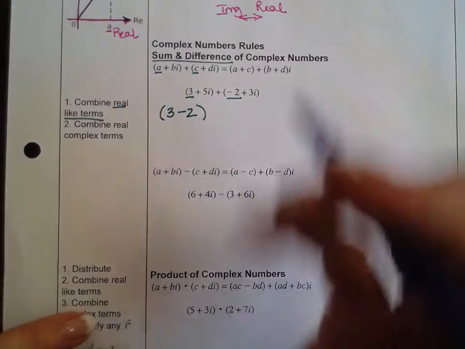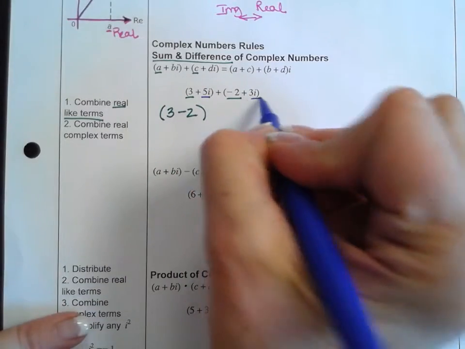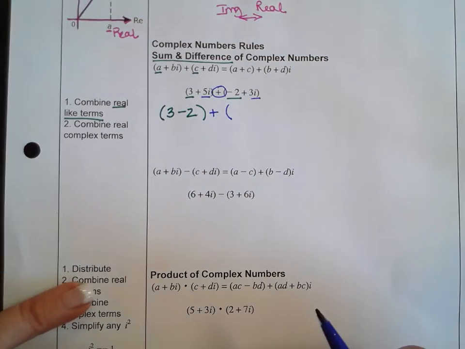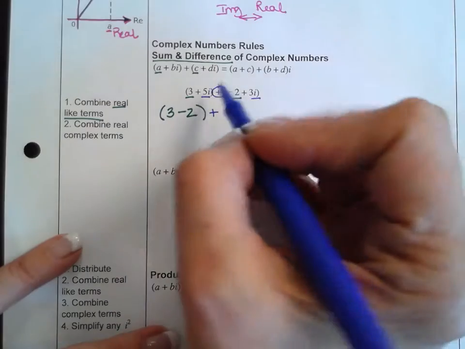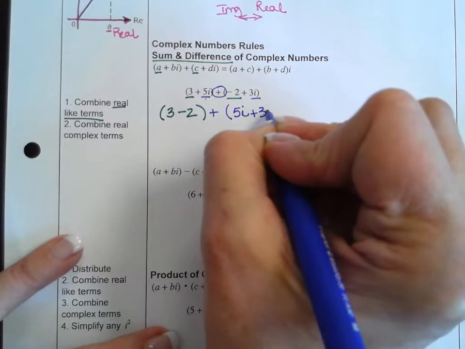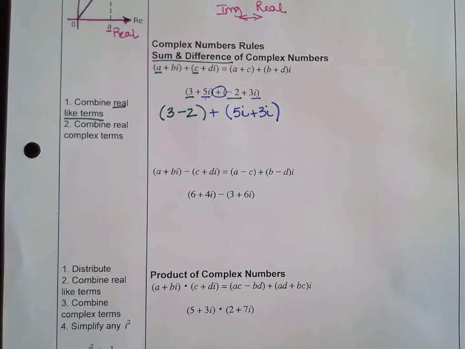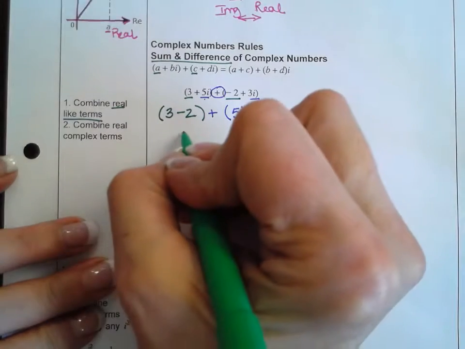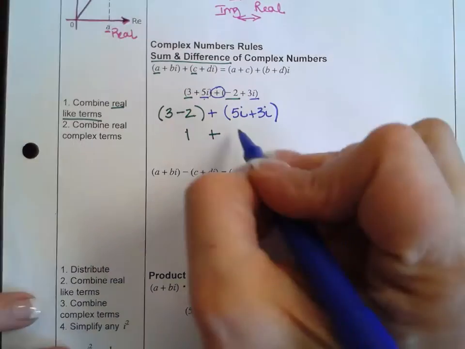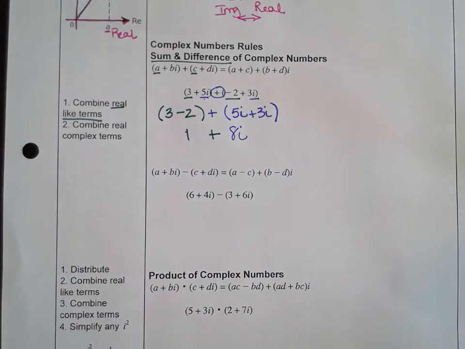Then I'm going to combine my imaginary numbers. This one I'm adding, so that just stays the same in between. And so now I have 5i plus 3i, which then just gives me my answer of 1 plus 8i.